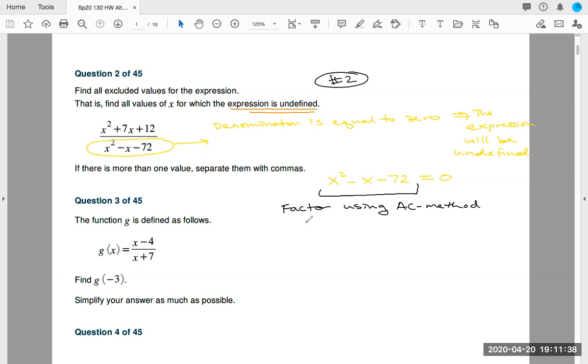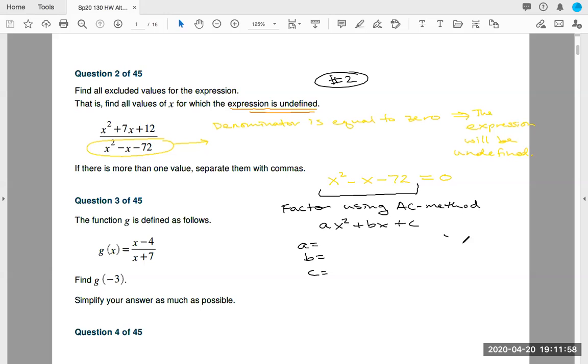So, just to recap, essentially what we're trying to do is match this form, ax squared plus bx plus c. So we have a, b, and c that we're trying to identify.